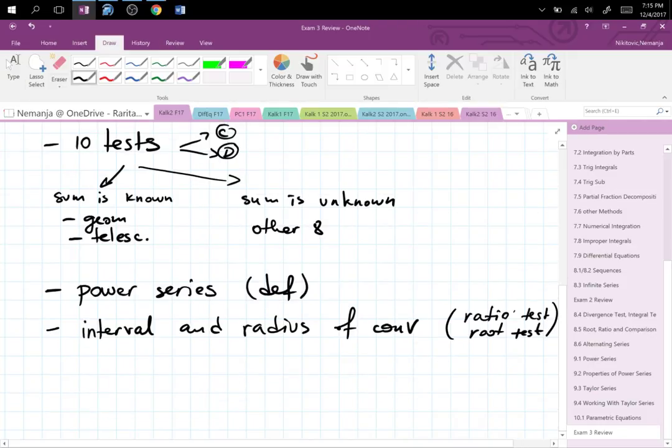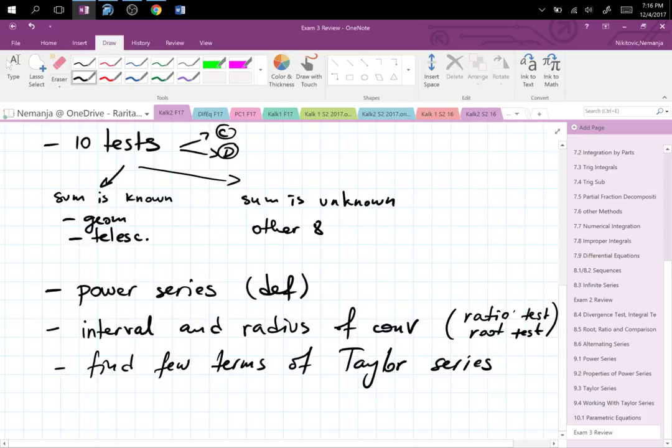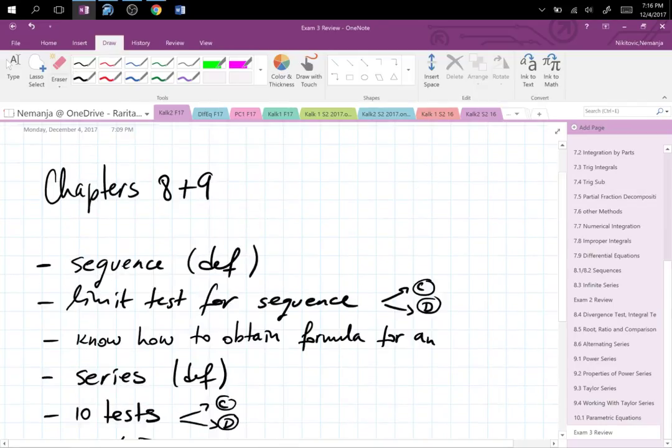So interval and radius of convergence, and then find a few terms of Taylor series, and calculus with Taylor series, and I think that's it.